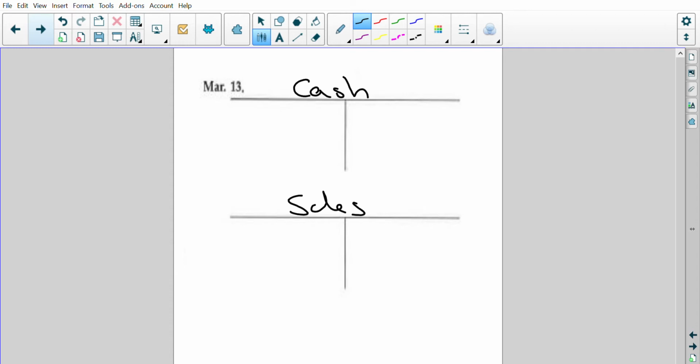So I have more cash now, right? So I'm going to increase the asset cash and increase the sales account. To increase an asset, I debit $260. To increase the sales, I credit $260. Questions?